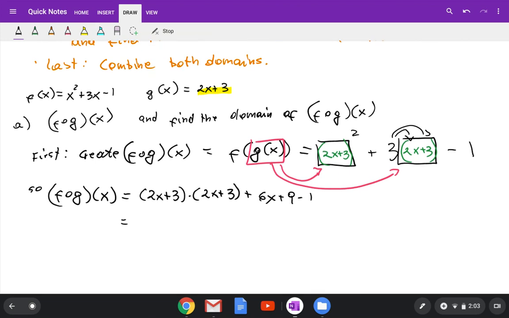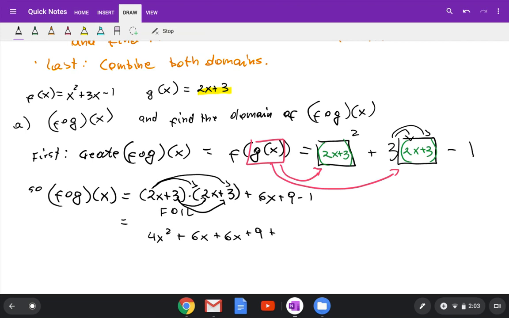So let's FOIL here. We're getting 2x times 2x, which is 4x squared. O stands for outer, which is 2x times 3, that will give you 6x. I stands for inner, which is 3 times 2x, that will give you 6x. L stands for last, 3 times 3, that will give you 9.